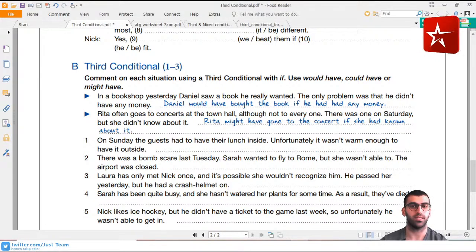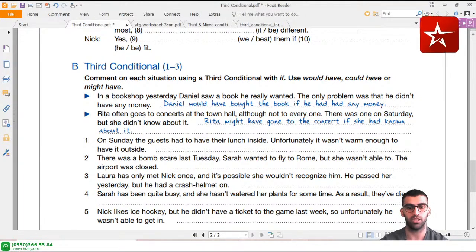The first sentence, let's read together. On Sunday, the guests had to have their lunch inside. Unfortunately, it wasn't warm enough to have it outside. How can we make a sentence for number one by using third conditional?